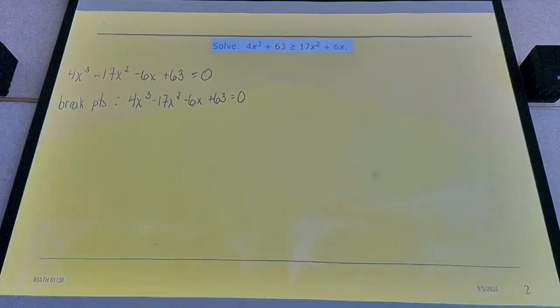No. -1 is not either. Of course not. That'd be too easy. So I'm going to use instructor's prerogative and cheat, because I'm not testing every single one of those values.